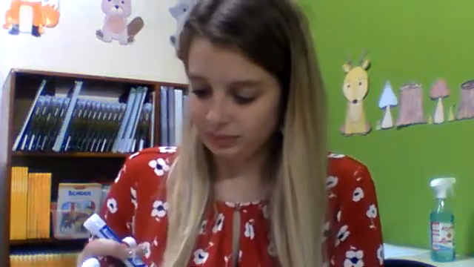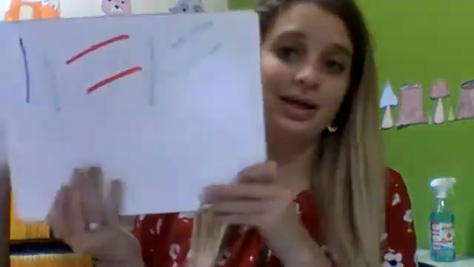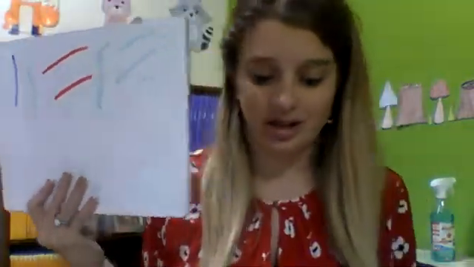So, I have a blue crayon, red crayon, and a green crayon, okay? So now we need to put them in groups and we need to see how many there are for each color.